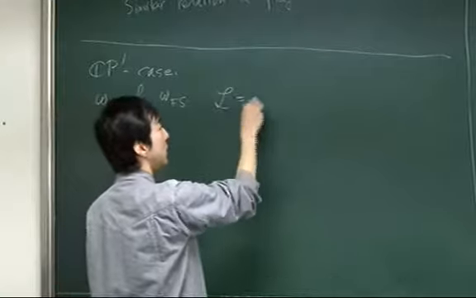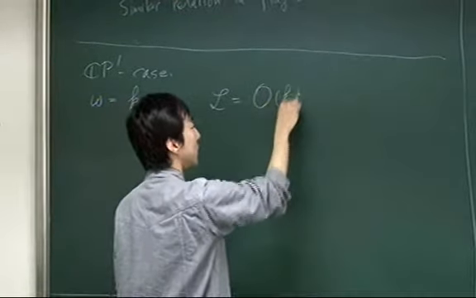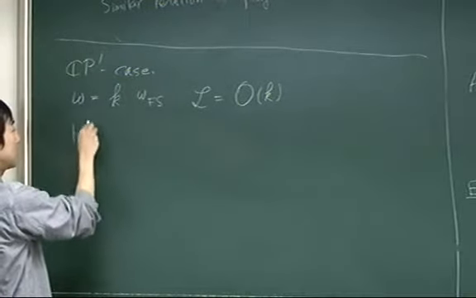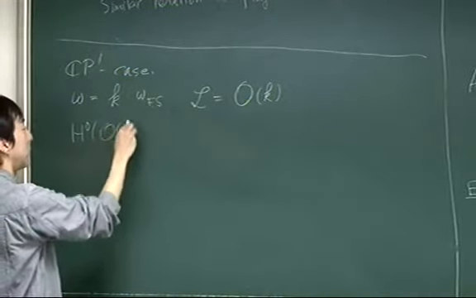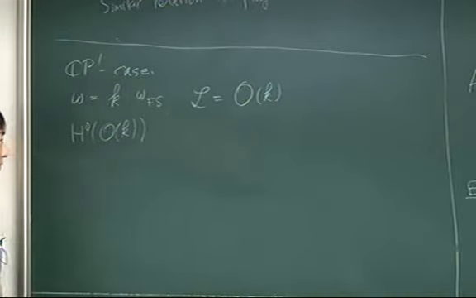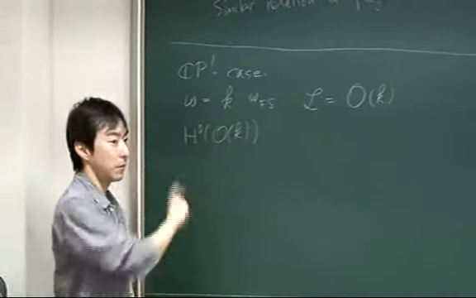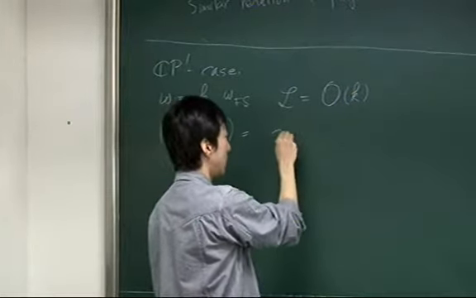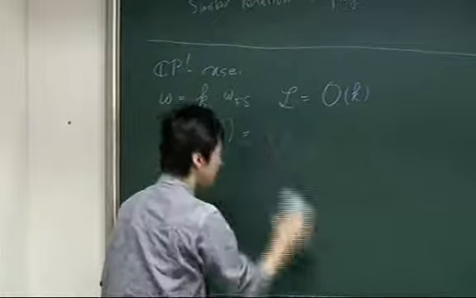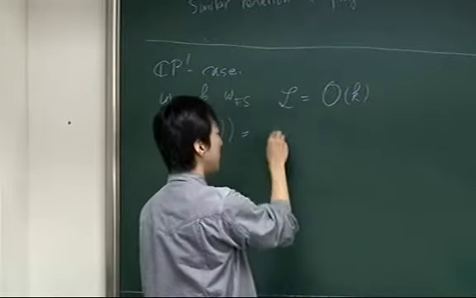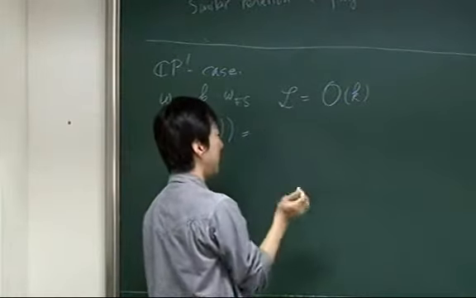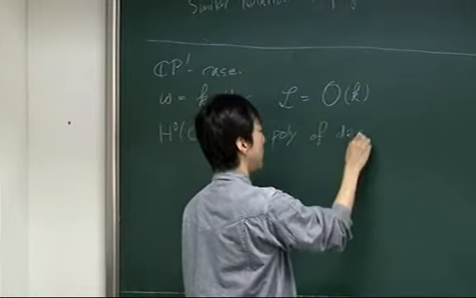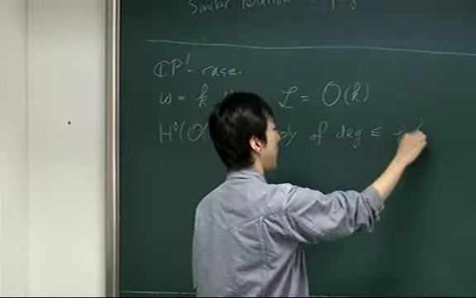Then this line bundle is just the k-th tensor power of the hyperplane bundle. And the space of holomorphic sections on this line bundle is just the space of polynomials of degree less than or equal to k.